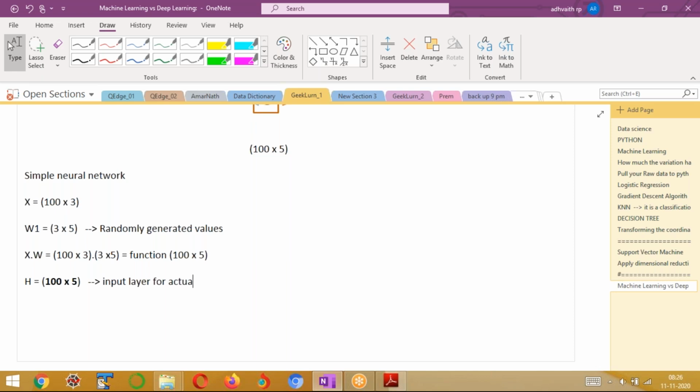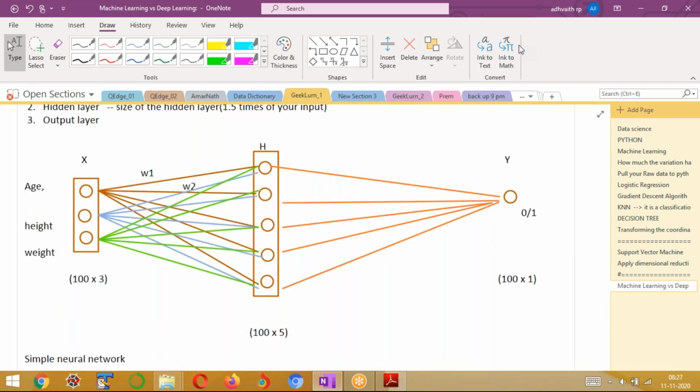For your actual output. This hidden layer becomes an input layer for your actual output. Now, what is your actual Y values?